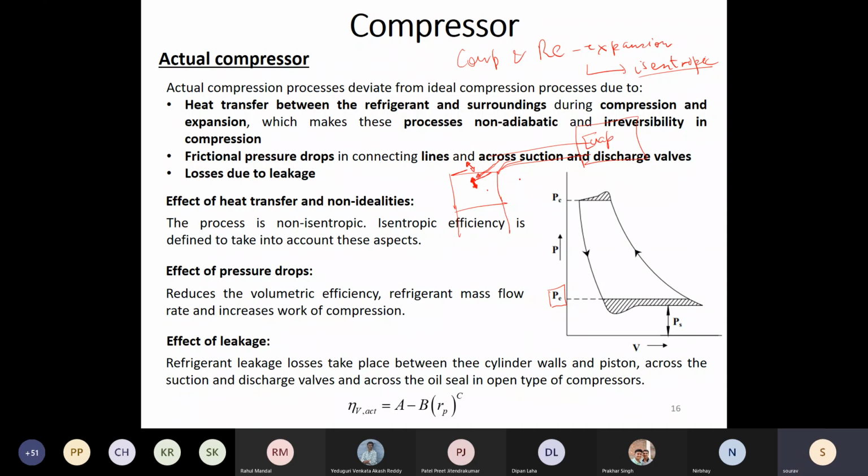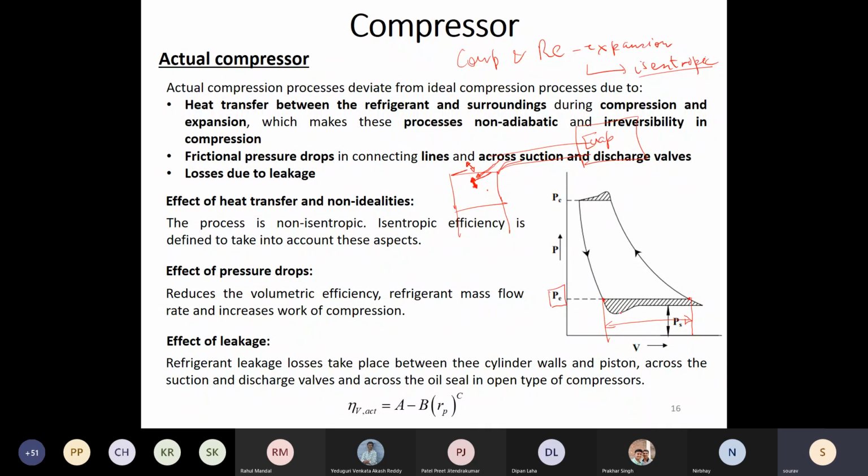So while discussing the amount of mass that is trapped inside the compressor, we have discussed that this is the volume into which the refrigerant gets filled. Okay, but you will not have P equal to P evaporator at which the flow or the suction will happen.